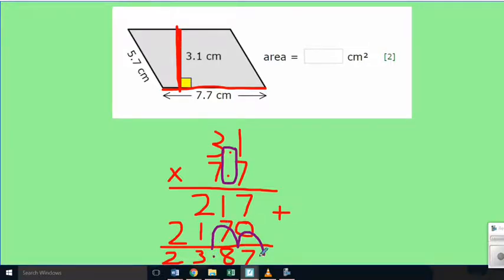So we've made it 10 times smaller, and then we've made it 100 times smaller, okay? And then you pop your decimal point in after your 2 jumps. So your answer would be 23.87. You type it in that box there. Fab. So same rule there, but you're just doing a little bit of column multiplication, which we can do.